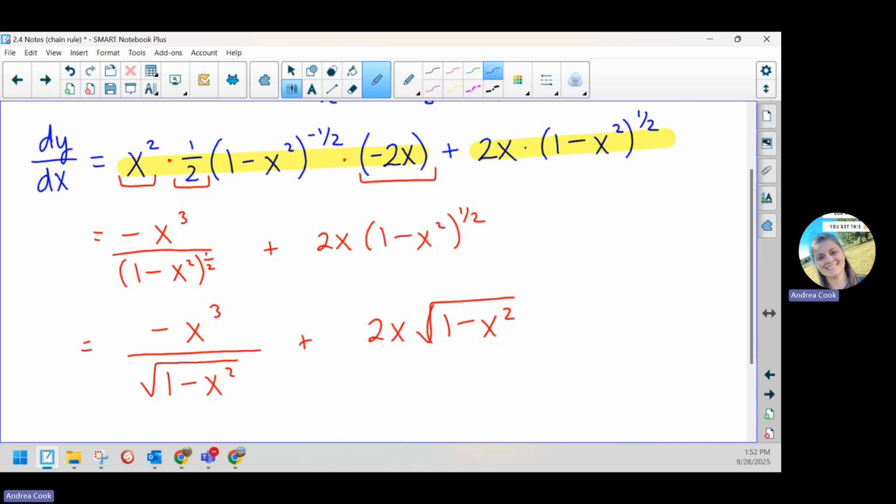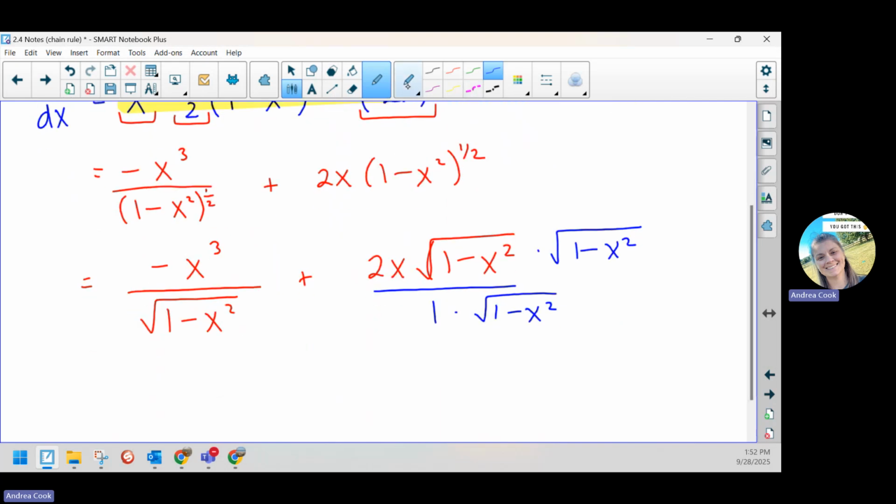Okay, so now we need to add these two fractions. This denominator right now is a 1. So this denominator needs a square root of 1 minus x squared, which means the top needs the same thing to keep it balanced.